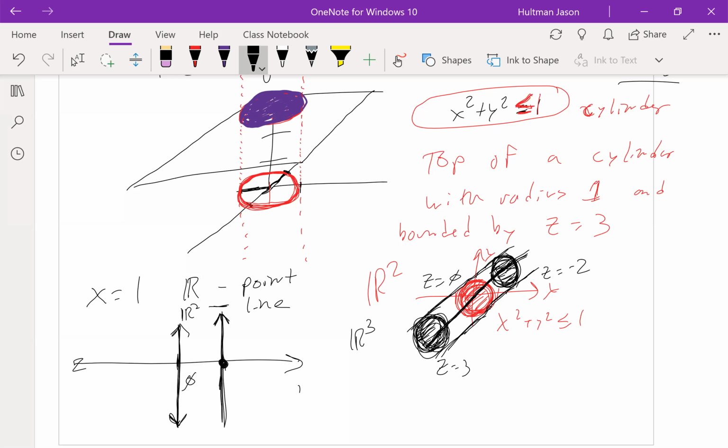And then what about R3? It gets extended again, right? So this was x, this was y, that means z's coming out at me. And so it becomes a plane, right? Does that make sense? So now in R3, it's a plane.